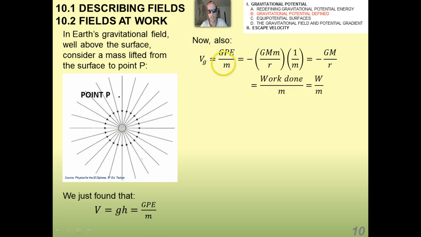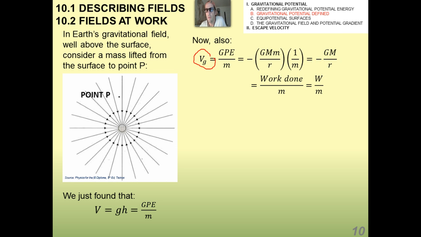Now, I'm going to bring in my more universal expression for gravitational potential energy. I get that it's negative GMm over r, that's my GPE, divided by m. The m's cancel out, and I get that the gravitational potential, which I'm now calling V sub g, is equal to negative GM over r, where M is the mass of the Earth and r is the distance from it.